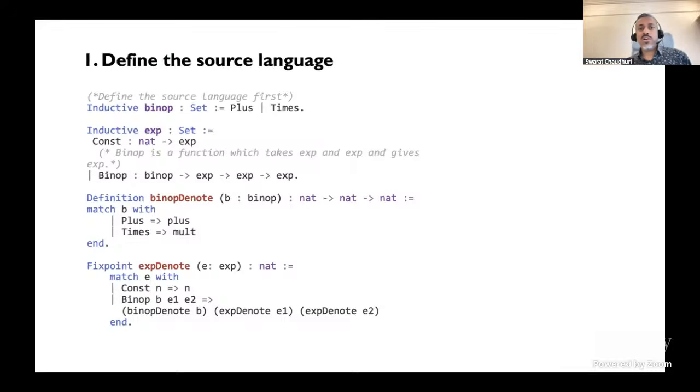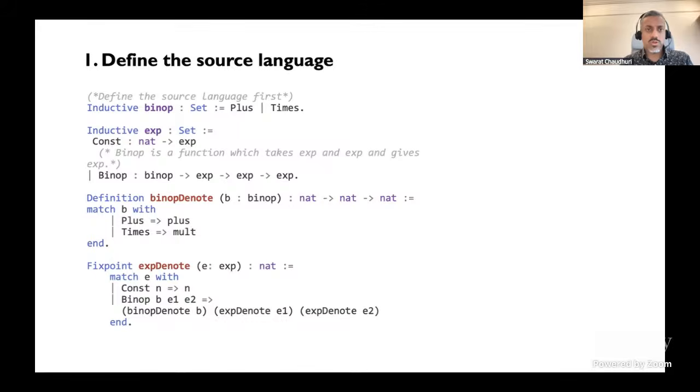So here we are going to talk about a very basic expression language in which you are allowed to do addition and multiplication. So this is just basic arithmetic expressions. And the syntax that you see over here is in a language called Coq. Here it looks a lot like Lean. It's a similar, dependently typed functional programming language.